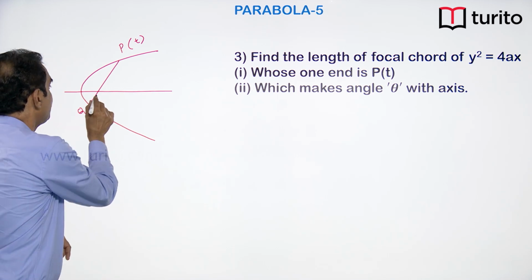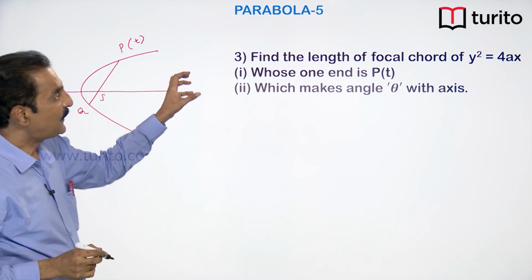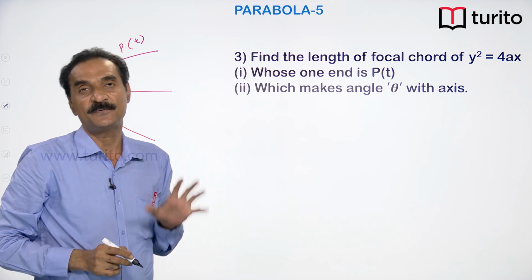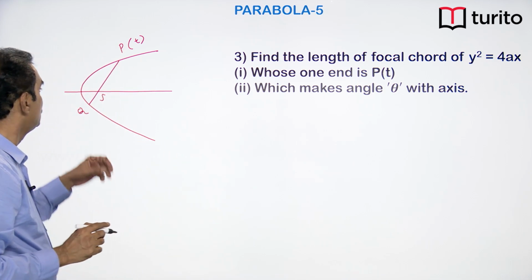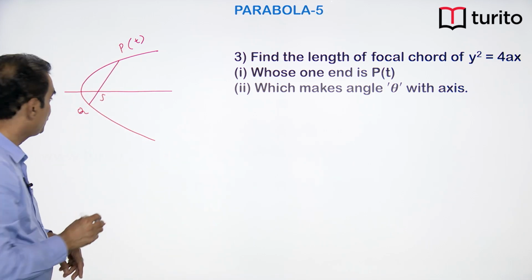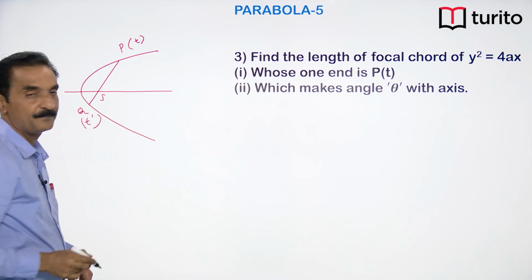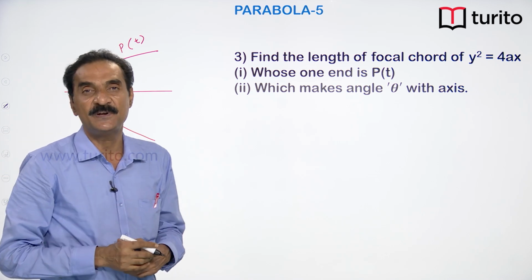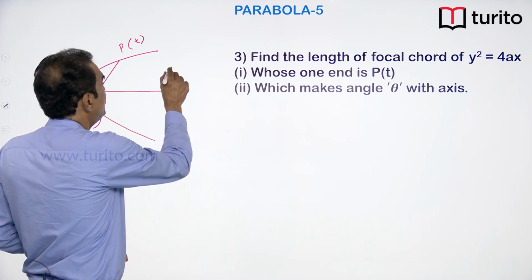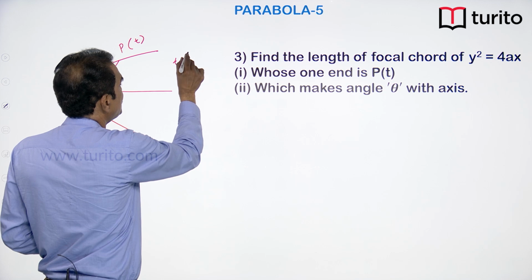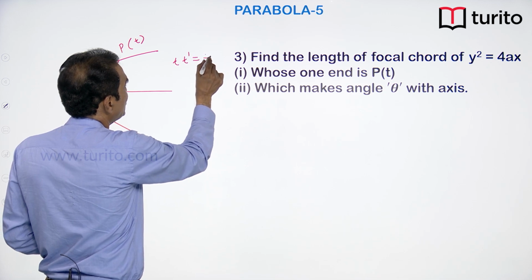Then this is focus. We have to find the length of the focal chord in terms of t. Let us assume that the parameter of Q is T dash, then what is the relation between T and T dash? T into T dash is equal to -1.